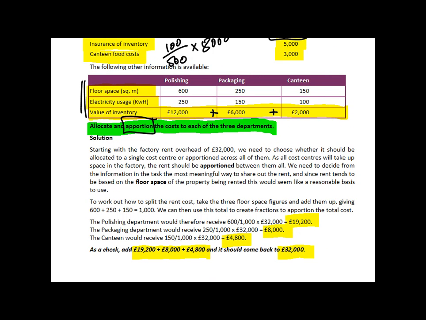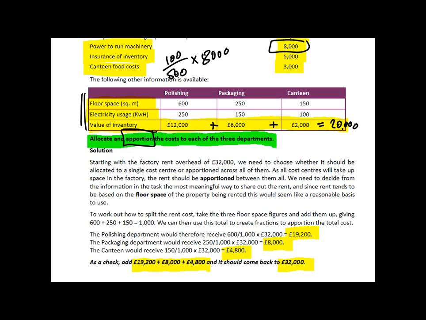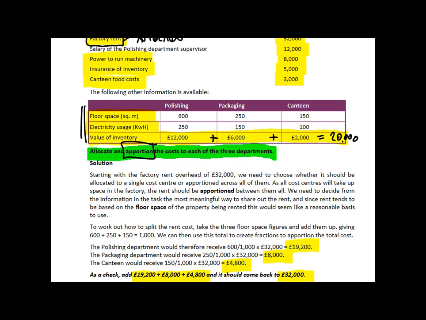If I start by adding up the 3 figures, well, £12,000 plus £6,000 plus £2,000 is a total of £20,000 worth of inventory. And again, I can use that total to start creating fractions, which will allow me to split the £5,000 insurance cost. So for polishing, they have £12,000 worth out of £20,000 worth.